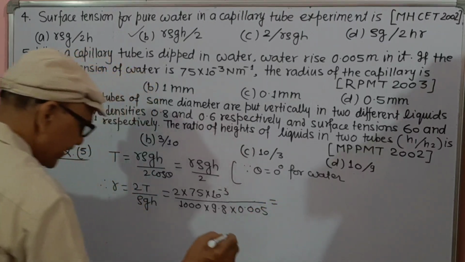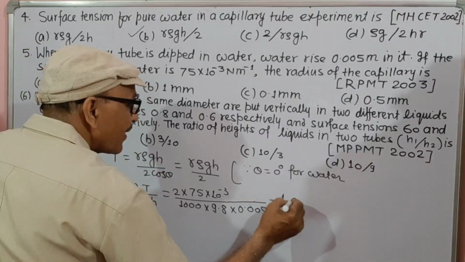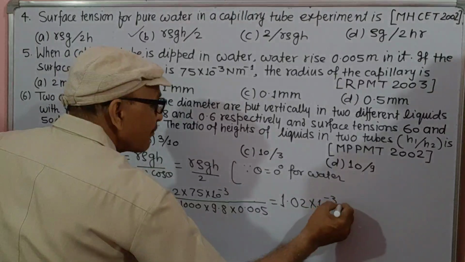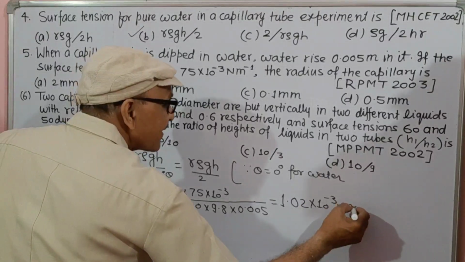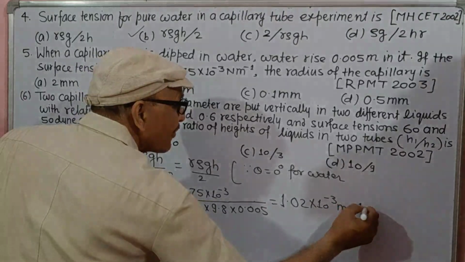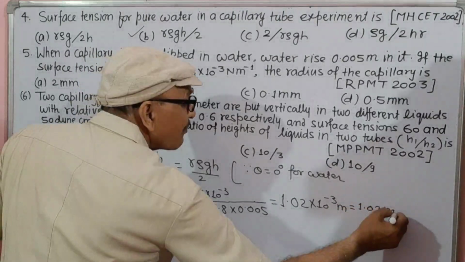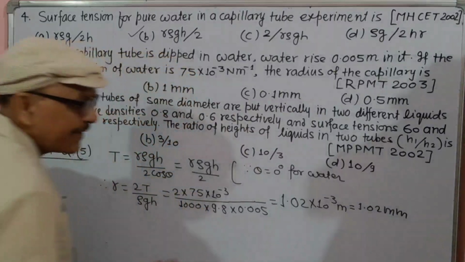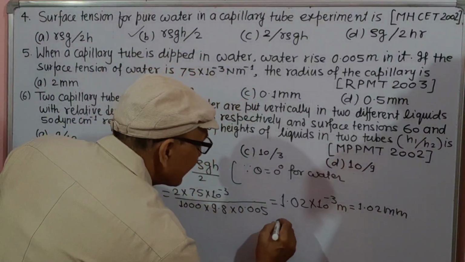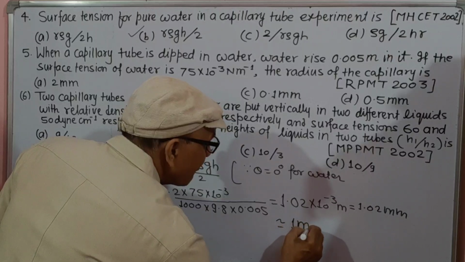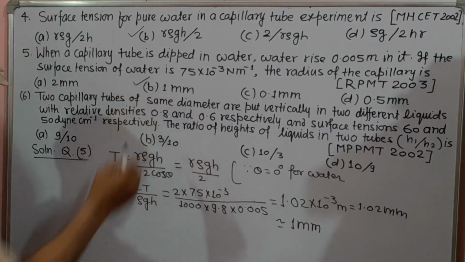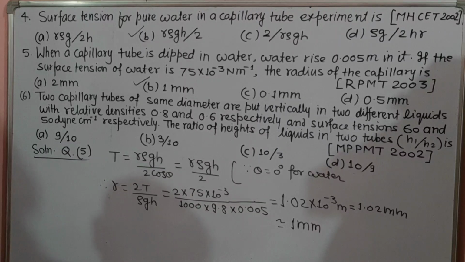After simplification it gives 1.02 into 10 to minus 3 meter, which is 1.02 millimeter or nearly 1 millimeter. So the correct option is B, 1 mm.